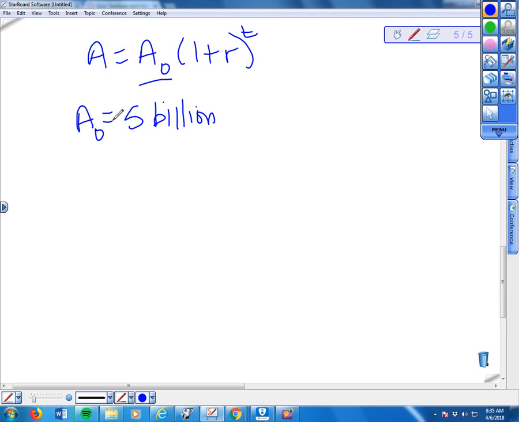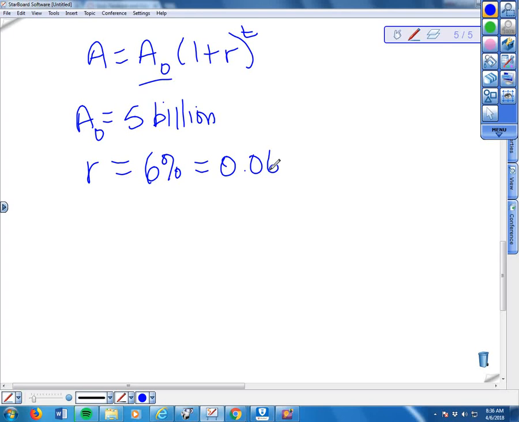And the growth rate is 6%, which if I'm going to put it into R, I've got to put it this way, right? Assume the population follows this growth model. Find the projected world population in 1997.